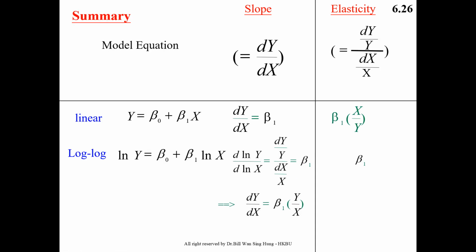Beta 1 is elasticity, because if you take the derivative of this with respect to this, we get dy over y divided by dx over x. So this is elasticity, and if we want to calculate slope dy over dx, then we will multiply this by y over x, and that will give us the slope.